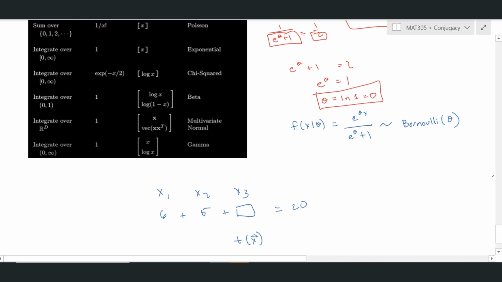What would be sufficient information to fully infer the vector x, which takes in x1, x2, x3? In order to know what those 3 values are, what is the minimal amount of information I would need? Well, if I don't give you x3, you can certainly infer it from the fact that x1 plus x2 adds up to 11, and adding x3 to it must give me 20.